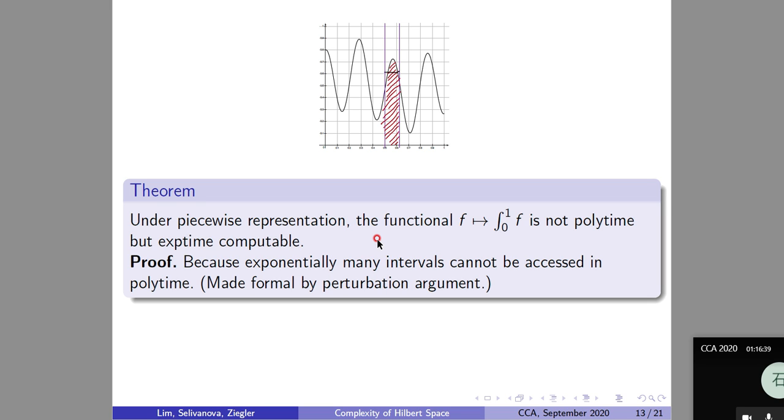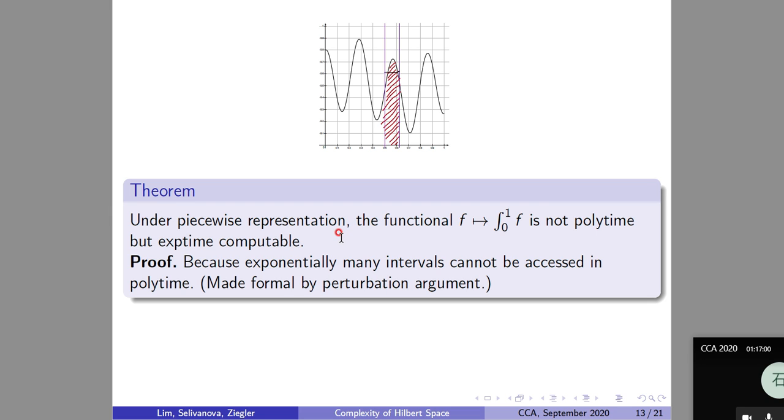And we have this theorem under the piecewise representation. The functional taking f and computing the integral from 0 to 1 would not be polynomial time computable but exponential time computable.